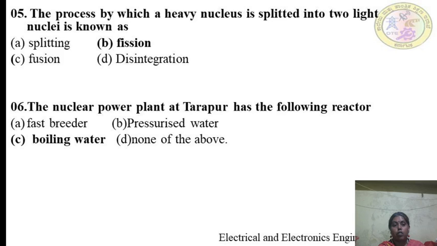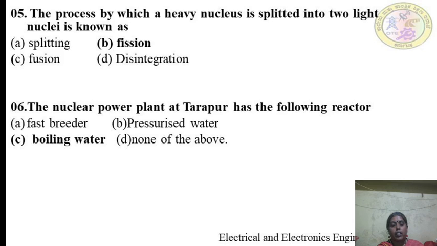Next, fifth. The process by which a heavy nucleus is split into two light nuclei is known as A. splitting, B. fission, C. fusion, D. disintegration.